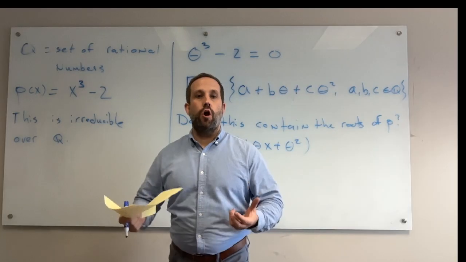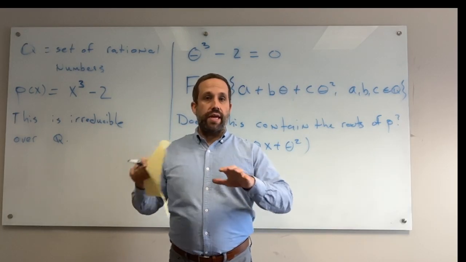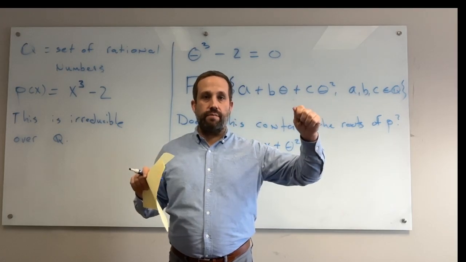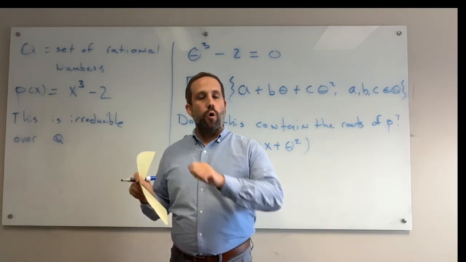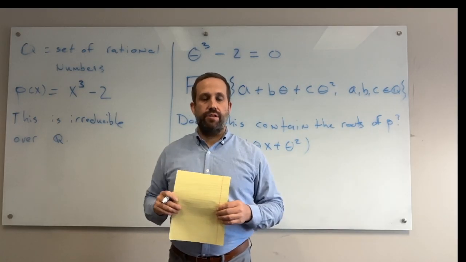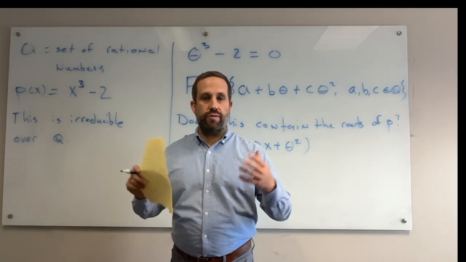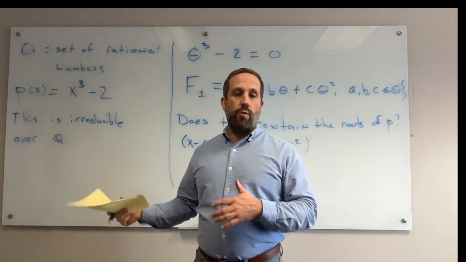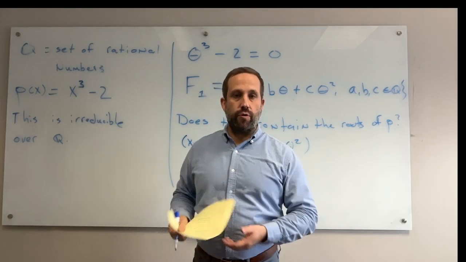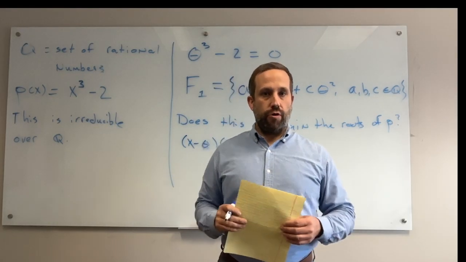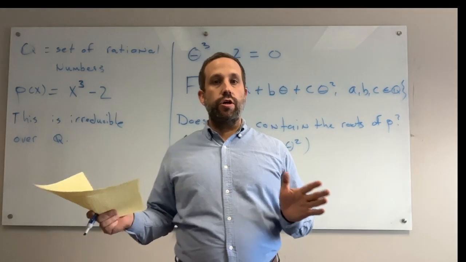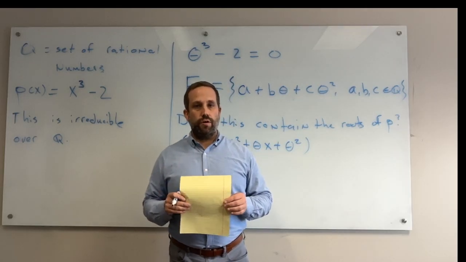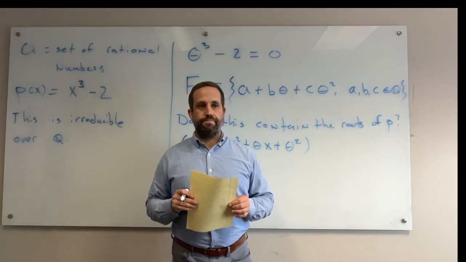So if we know it has rational coefficients and we know a plus b times the square root of 2 is a root, we know a minus b times the square root of 2 is also going to be a root. That's the conjugate. So before, we know that the plus square root of 2 is a root, and so we know minus square root of 2 is also going to be a root. It's only necessarily true if we know that the coefficients of the polynomial are rational numbers.